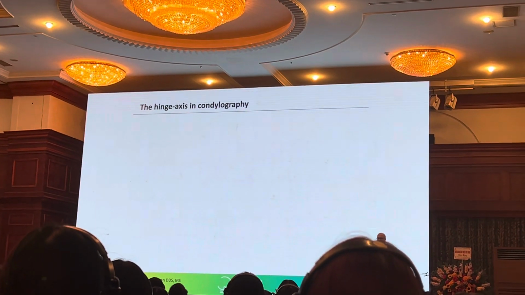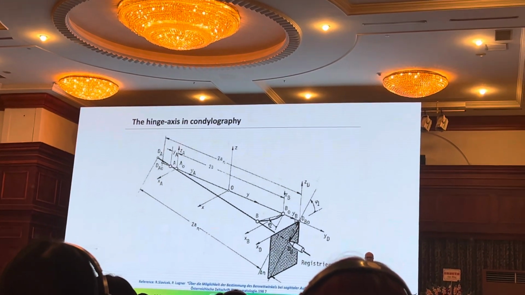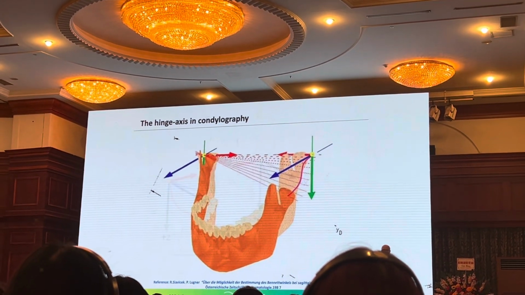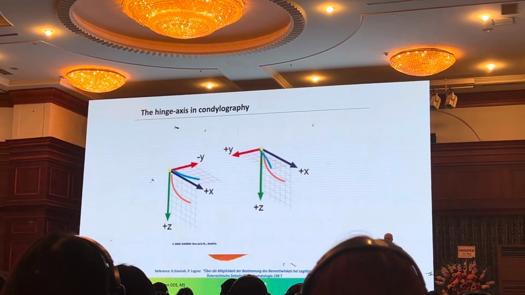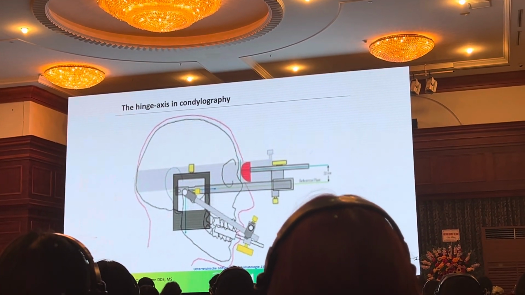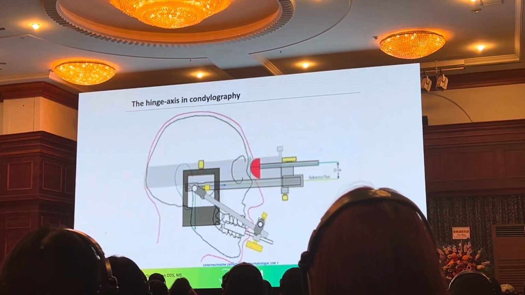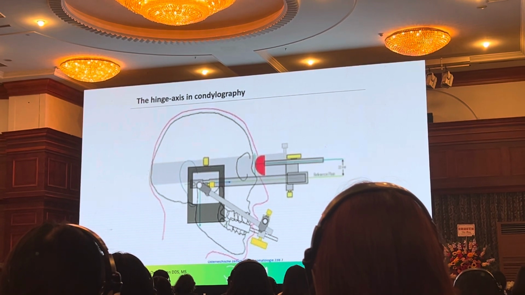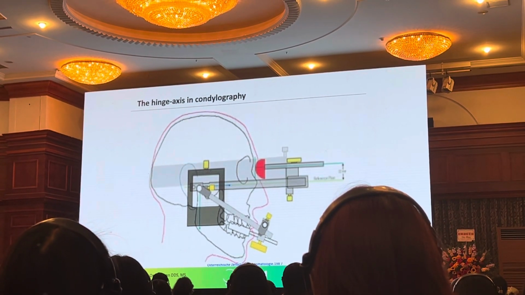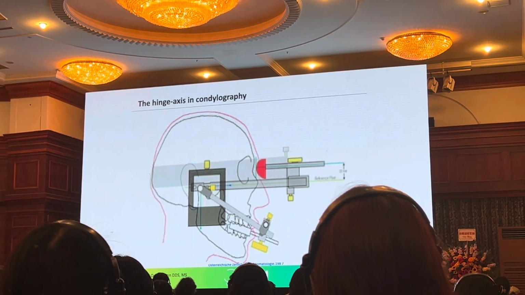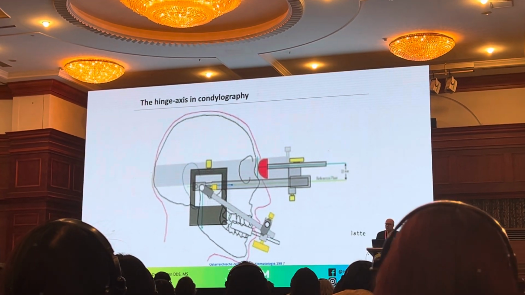So this system will be connected, after locating the hinge axis, of course, and finding the coordinate system, it will be attached to the face with a face bow on the upper, on the skull, and another face bow on the mandible. So we have 2 face bows together. When the mandible moves, it records all the movements through this sensor.